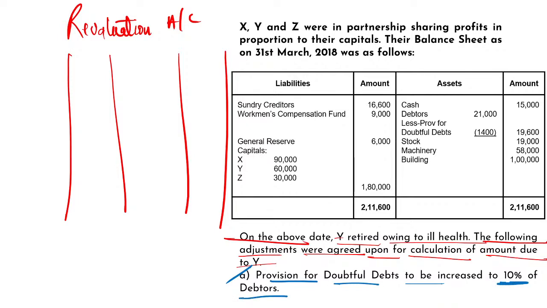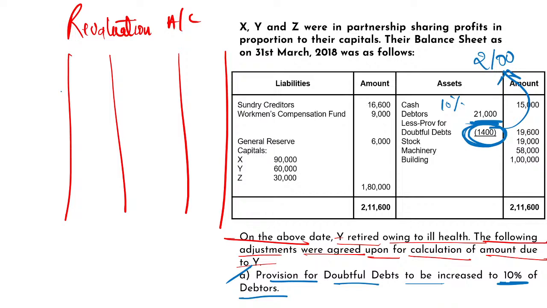Now your provision will be 10% of debtors, so 10% of debtors will be 2,100. Your provision right now is 1,400, so your provision will increase from 1,400 to 2,100. So it is increasing by 700.